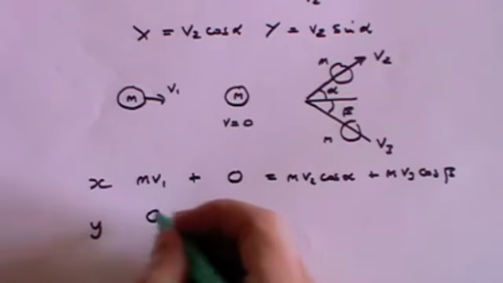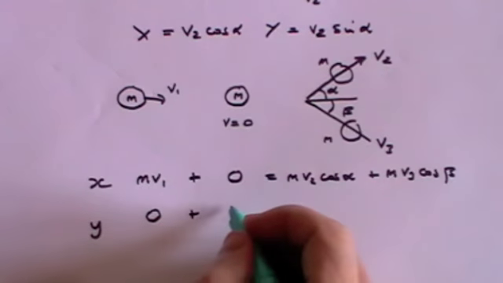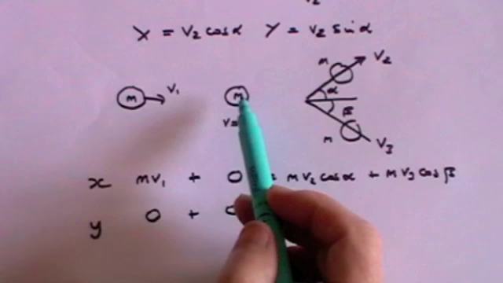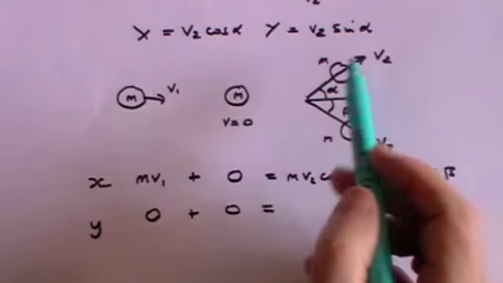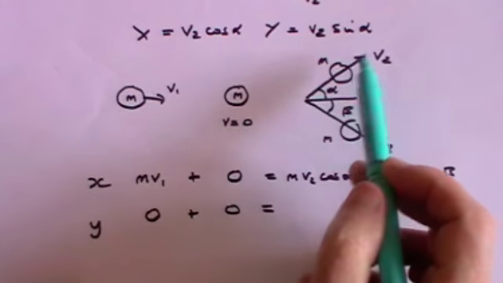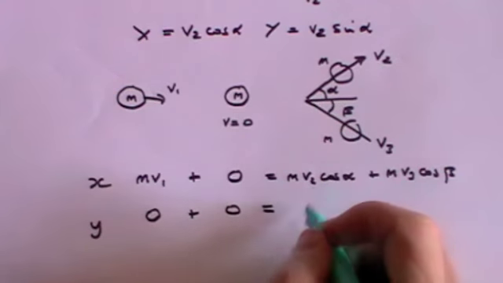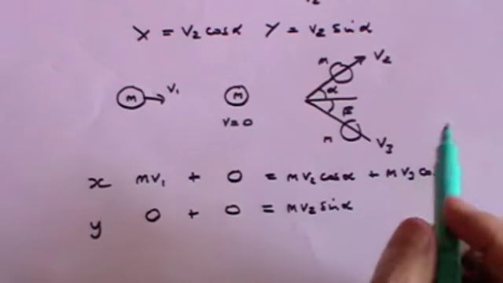So there's no momentum in the y direction as a result of this ball. Similarly, there's no momentum in the y direction as a result of this ball because it's stationary, it's not moving, v is 0. And that's going to equal, well, let's think of the component in the y direction of this one. That's going to be mv2 times the sine of alpha.